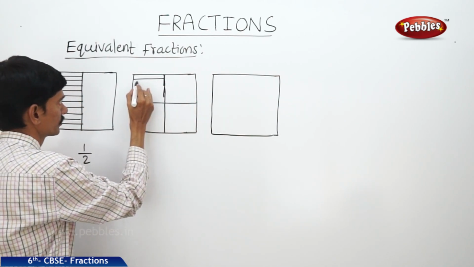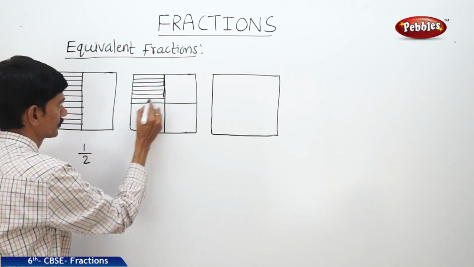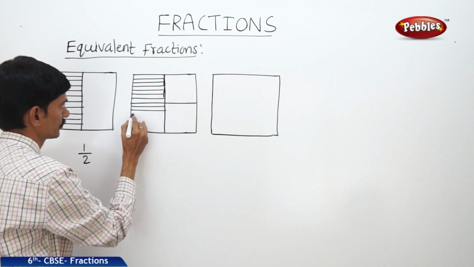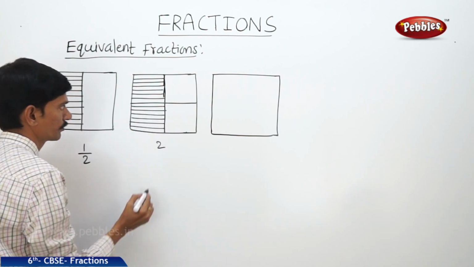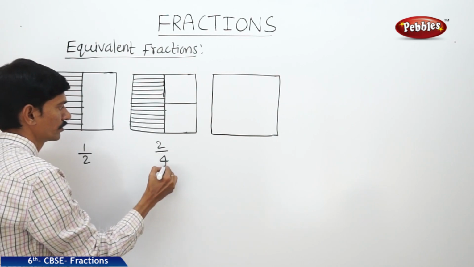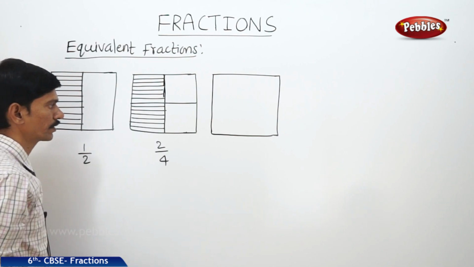So in this, 2 parts are shaded. So this represents 2 by 4. So there are 2 parts shaded out of 4 parts, so it represents 2 by 4.